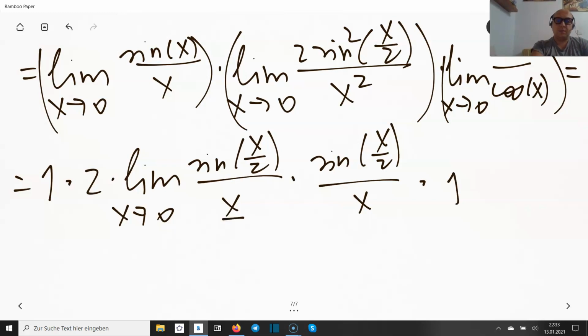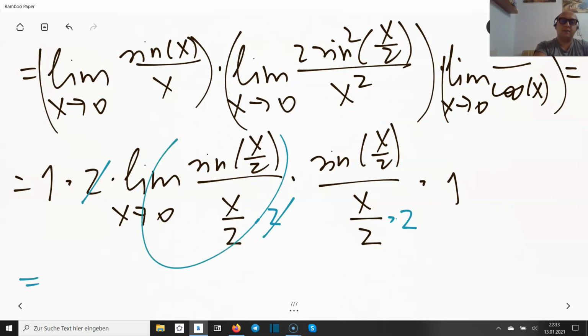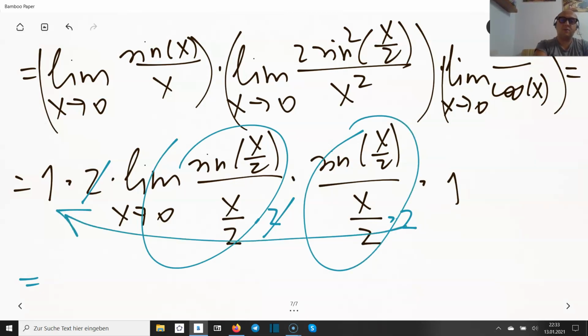Now you see we're missing 2 here, and also here. If I'm doing that, I have also to multiply times 2 here and there. That means I'm dividing by 2, so this one is canceling with that one, and this one is not canceling, so we're kicking it in front of the limit. This is giving me 1, this is giving me 1, and a half is coming in front of the computation. So the value is 1 divided by 2.